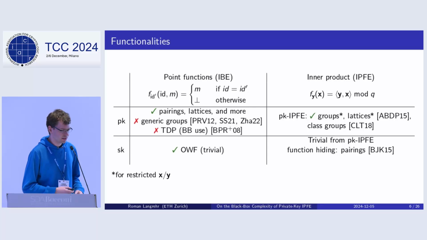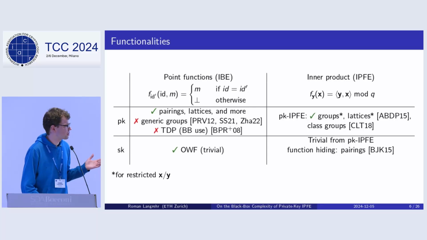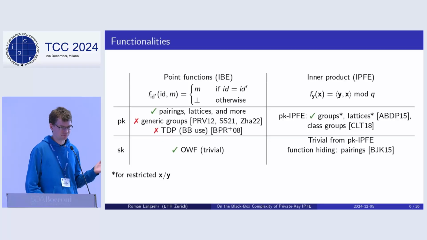In the secret key setting, of course, we can use any public key IPFE, but there are also some works that explicitly construct secret key IPFE. But they aim to achieve function hiding, which is an additional security property, and that seems to make it even more challenging; namely, this is only known from pairings.